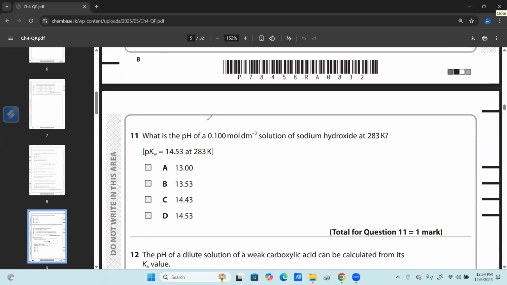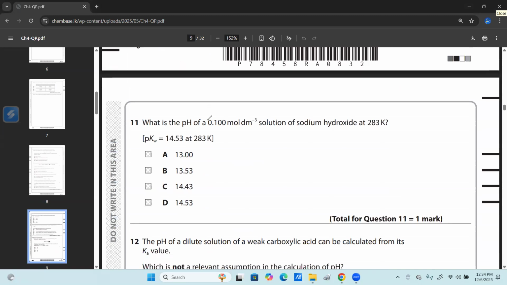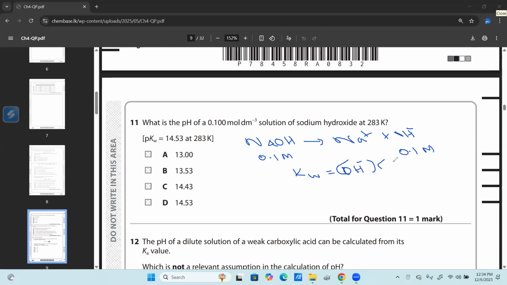What is the pH of 0.1 solution of sodium hydroxide? So children, we know sodium hydroxide is a strong base. Therefore, it will dissociate like this, Na plus and OH minus. If you have 0.1 moles per cubic decimeter of sodium hydroxide, that means you have 0.1 moles per cubic decimeter of OH minus. We can find pH if we know the H plus concentration. Therefore, we need to use the ionic product of water, which is equal to OH minus times H plus.